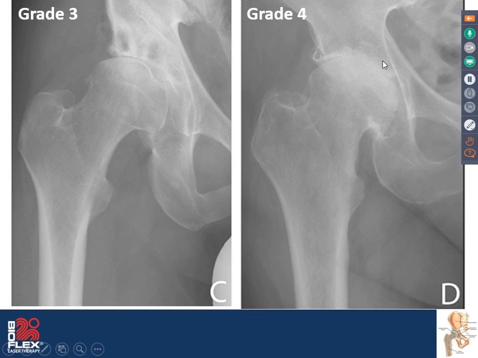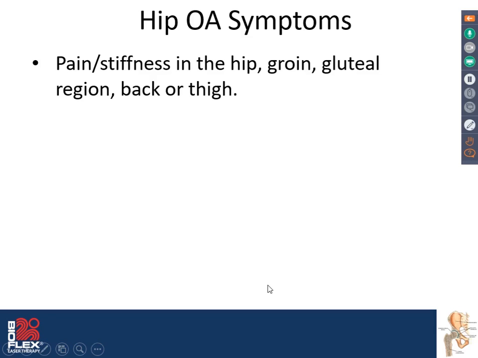And then into grade 3 and grade 4, in grade 3, you can see there's only a millimeter or 2 of joint space. So there'd be marked hyaline cartilage degeneration. These patients are in quite a bit of pain, especially weight bearing, and probably symptomatic to the point where they're really seeking care. And then grade 4, where there's very limited motion, these patients should be having hip replacement surgery at that point. So that's what it looks like radiographically.